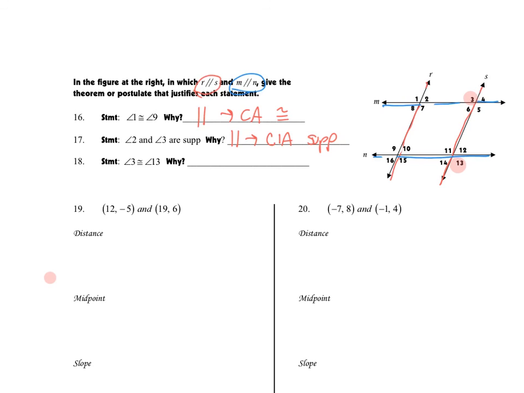If you look at the location of 3 and 13, they are on alternate sides of the transversal S. They're on the exterior, and so therefore they are alternate exterior angles. And so parallel lines imply that alternate exterior angles are congruent.